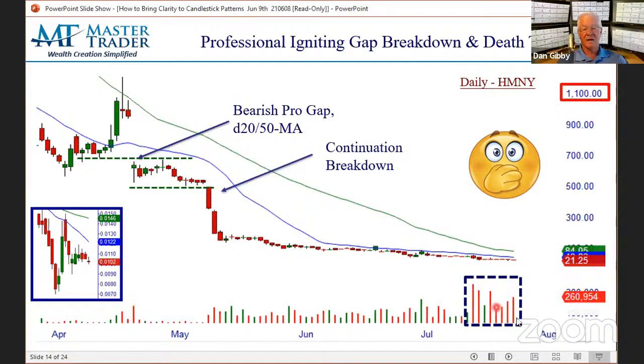And I am highlighting the volume here because even though this stock went from $1,100 down to 21 right here, look at the volume right here. That is just being liquidated. And in the bottom left here, look at this. This is 1 penny, 0.0102. This went out of business.